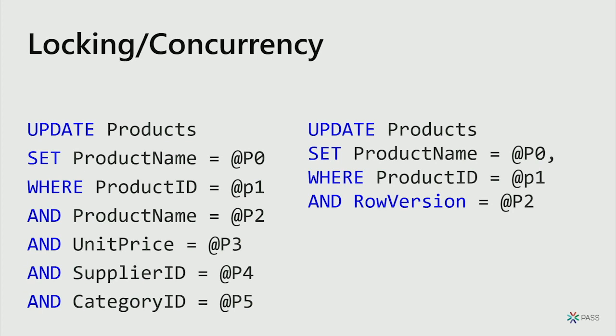As long as each one of those users using your system has the value that they originally fetched, and that value and that ID have not changed between them, we know that I'm good to save, or somebody else has made a change and now we need to update that. So that second approach is actually going to give you a little bit better performance from your update perspective. But different platforms are going to require you to code that manually or configure that in different ways. Just be aware that that is one thing you need to deal with.